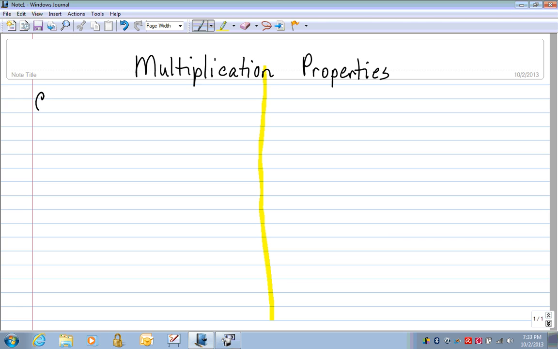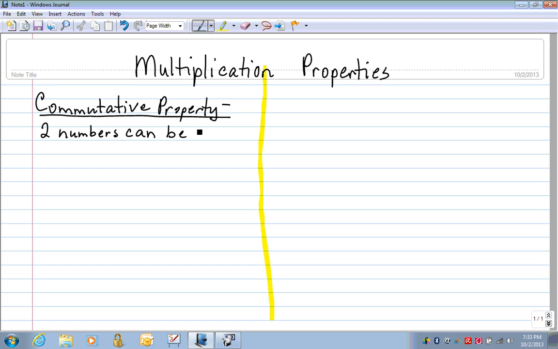Our first property is the commutative property. And this property is where two numbers can be multiplied in any order.